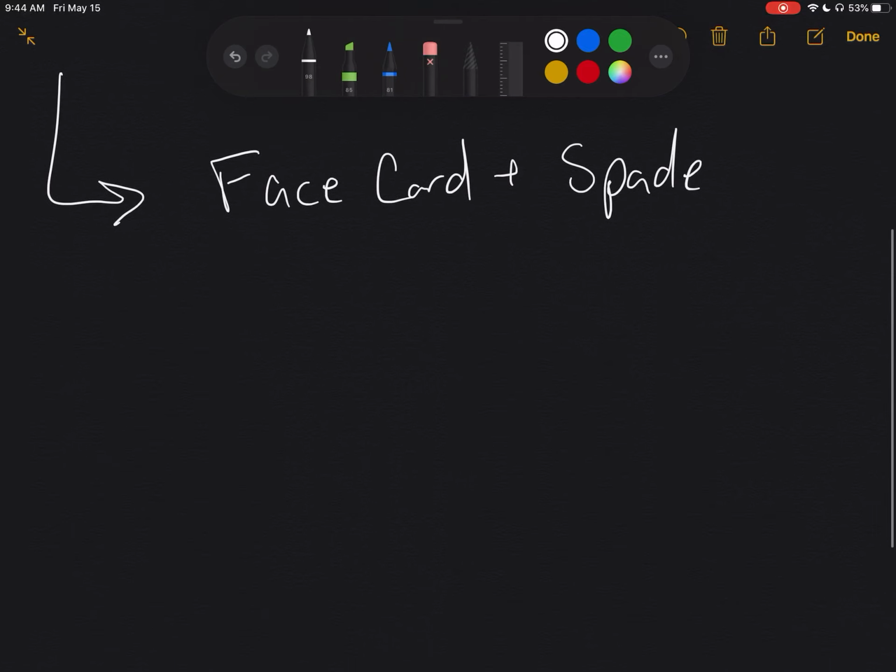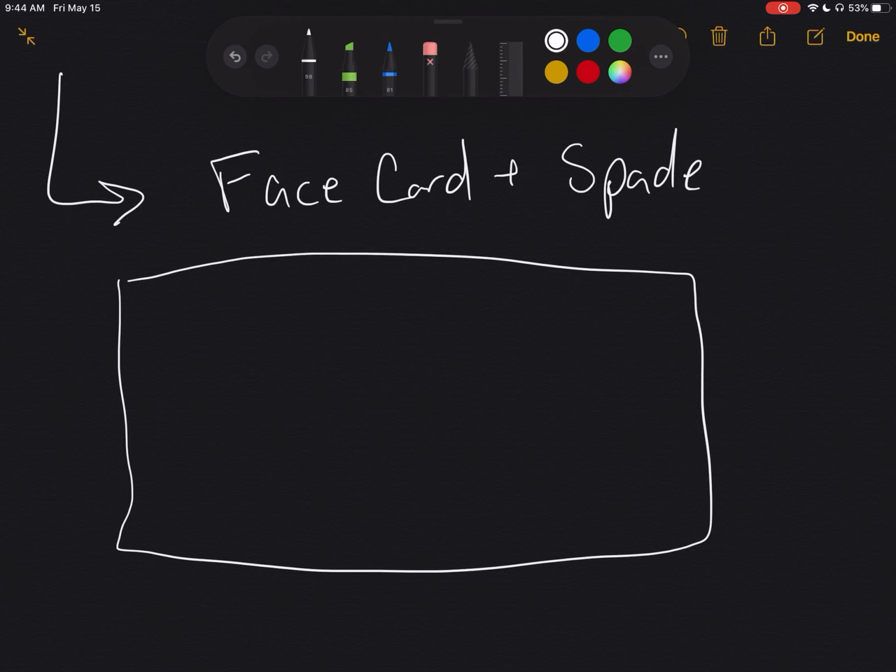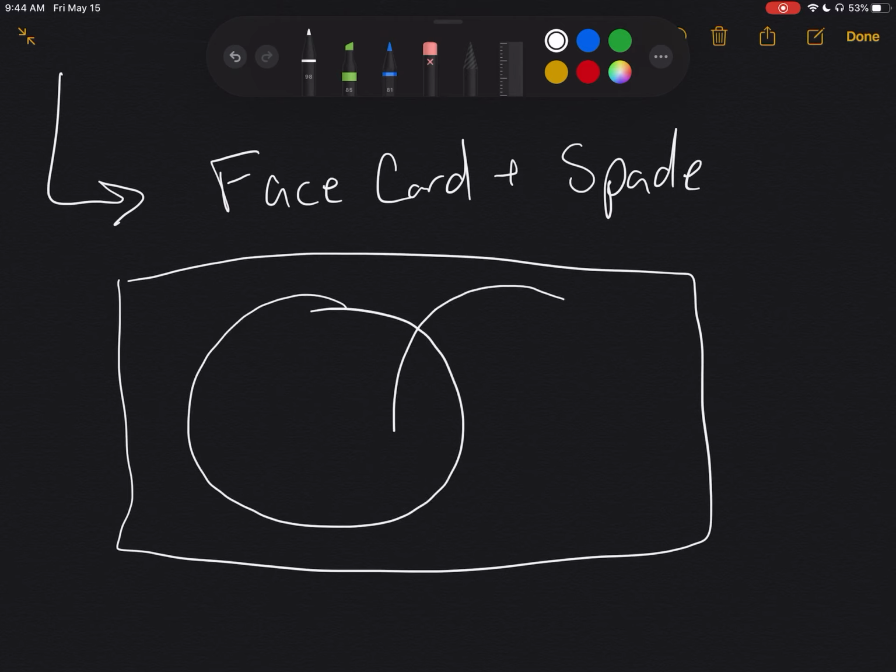Okay, and so let's see how the Venn diagram would work. So, big Venn diagram. In this circle here, we'll put face cards. And over here, we'll put spades.